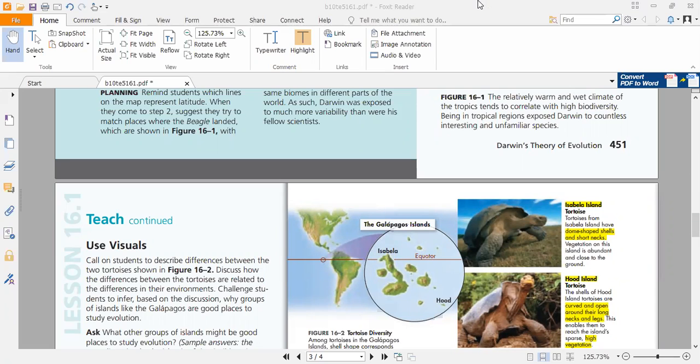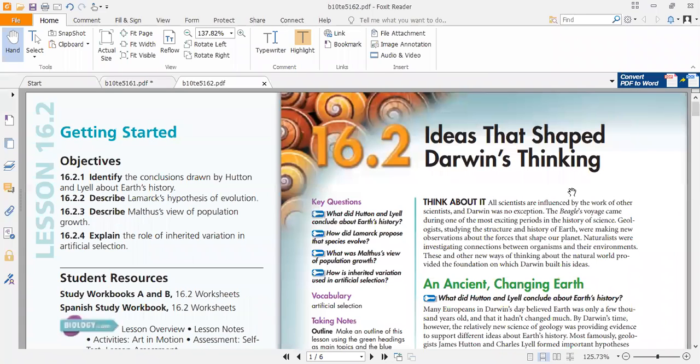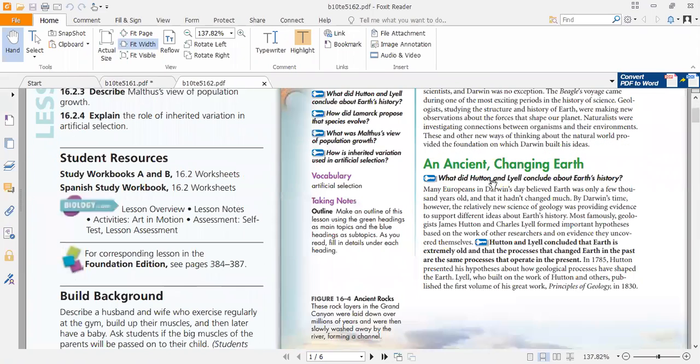Then, in the next lesson, he will start to be more convinced that the organisms have changed over these long periods of time, because many different scientists will speak about how the earth has changed, so organisms have changed also.